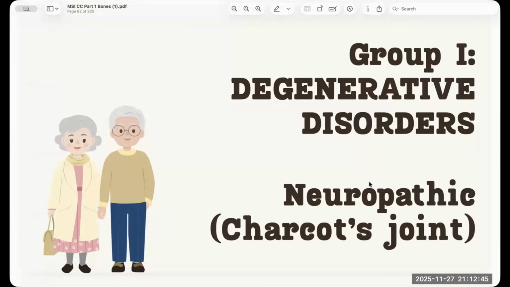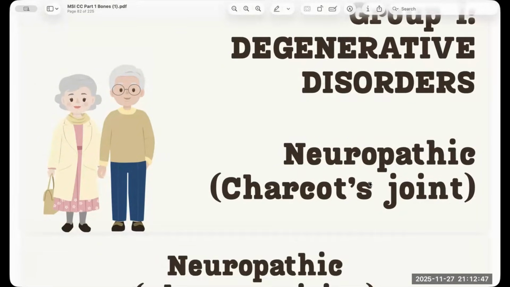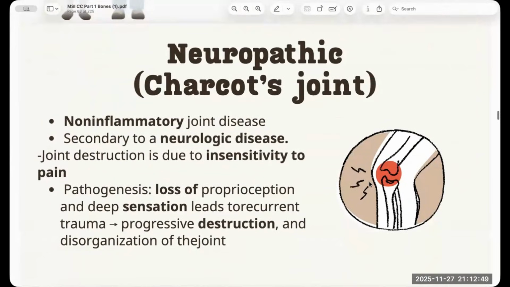The second one is neuropathic, which is Charcot's joint. Charcot is a non-inflammatory joint disease secondary to a neurologic disease, which causes destruction to the joint due to insensitivity to pain.